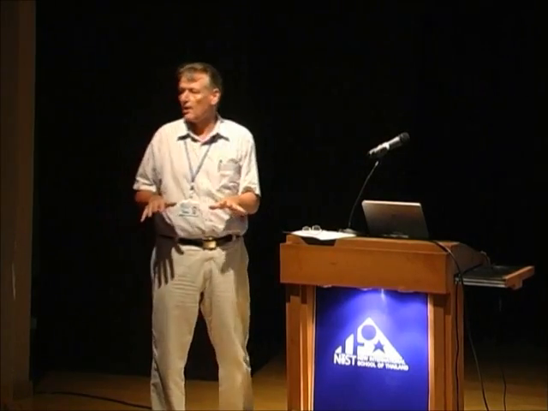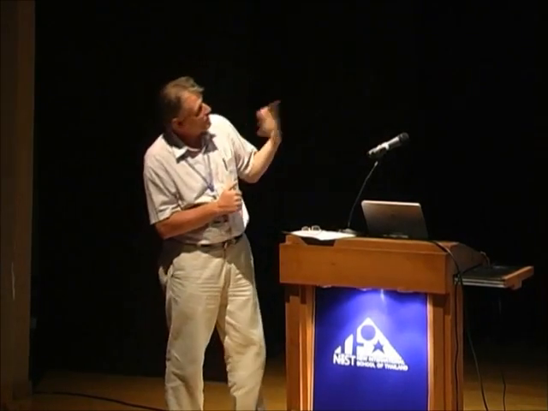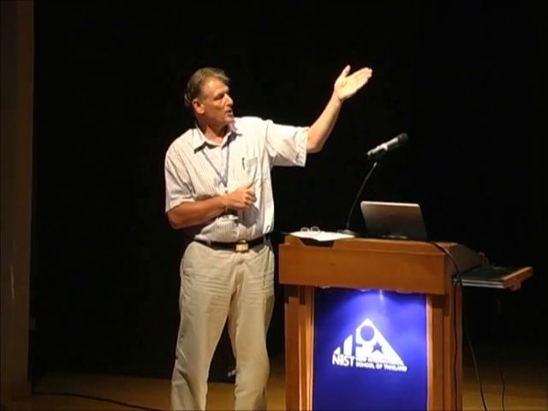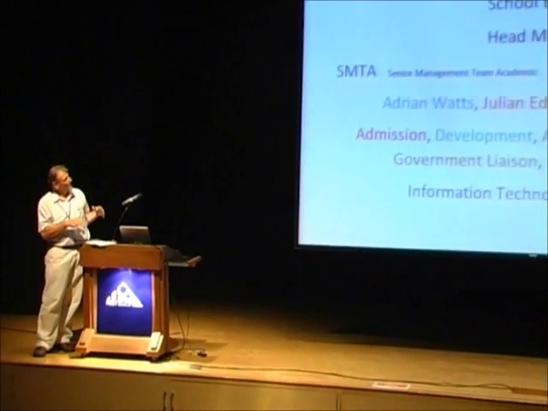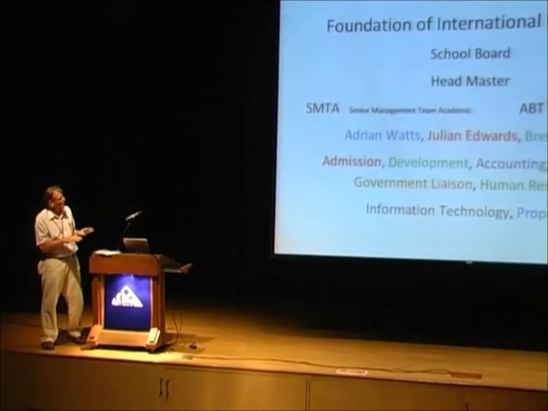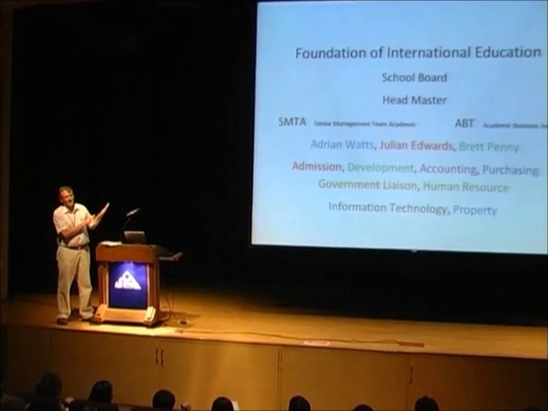Simon Leslie is the boss, so he has different tools to manage the school. One of his tools is Adrian, one is Julian, and one is Brett. These three are then organizing the rest of the school on the academic side.